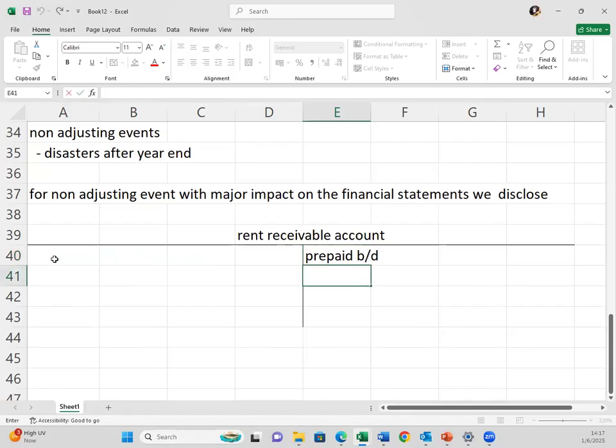Prepaid BD, then if we have owing BD, then if we receive a payment, it could be bank or cash, then we have our owing CD.